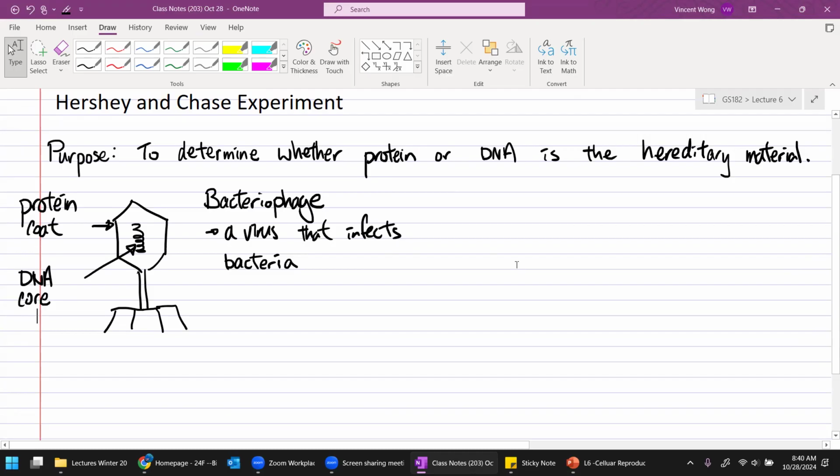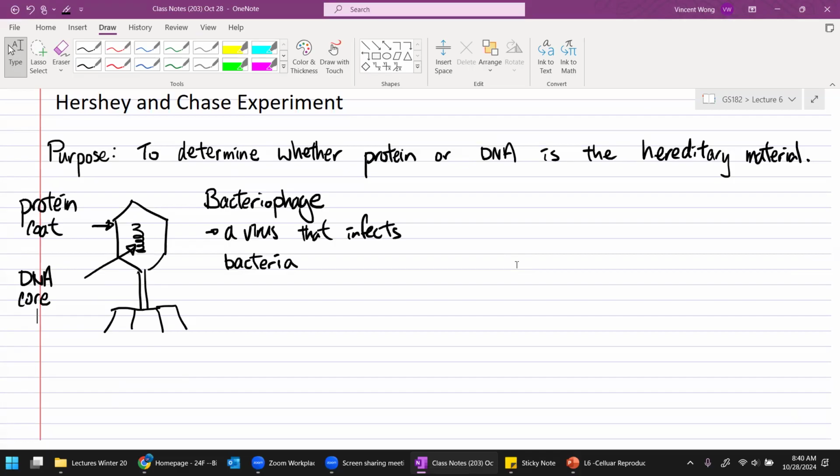Now, this next part is important to understand. All right, so maybe just pause for a second, listen to what I have to say, and then continue to copy. At the time, people understood how viruses work. They know for the virus to make copies of themselves, the virus has to attach to its host, in this case, the bacteria. Something is injected into the bacteria, and then that something is used to make more viruses.